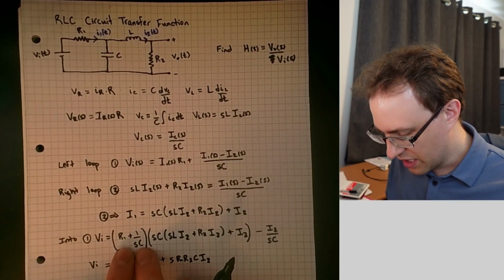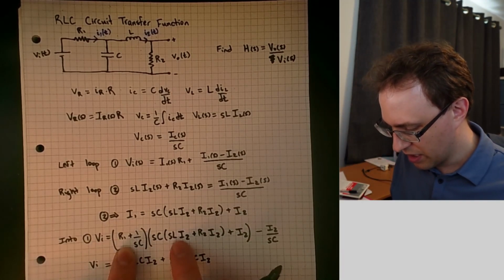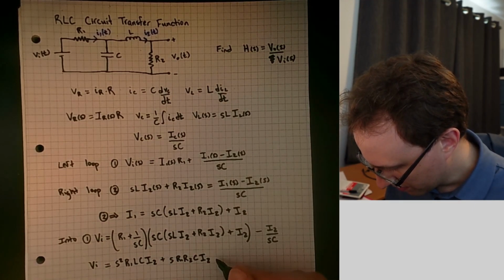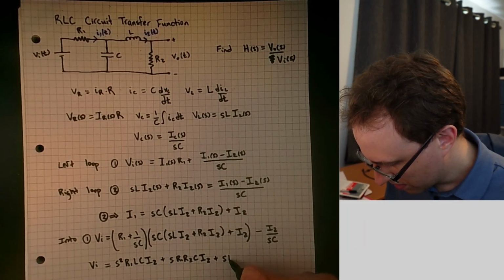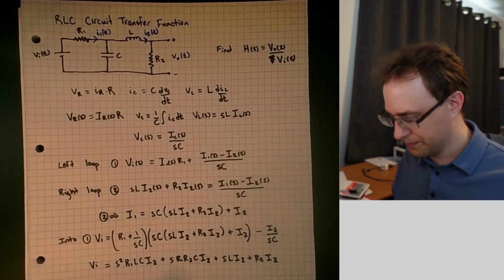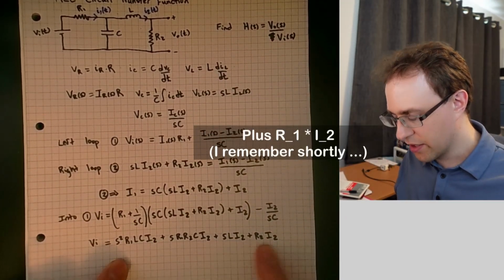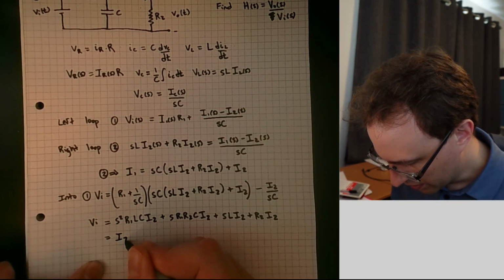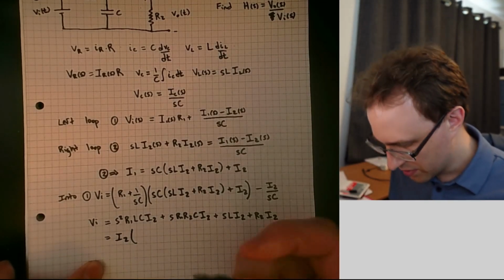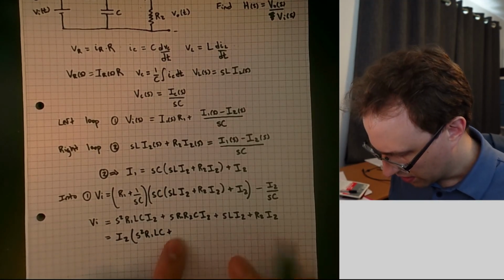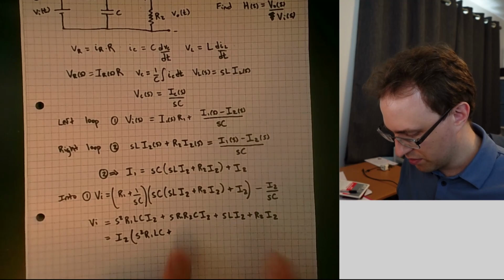We get 1 over SC multiplied by SC multiplied by what's inside here. So we can just go right to writing this inside here. So we get plus S L I2 plus R2 I2. All the terms here contain R2, so we will take that out and simplify this a little bit more. We're left with I2 outside of S squared R1 LC plus, I'm going to take that common S also now outside the two of these.